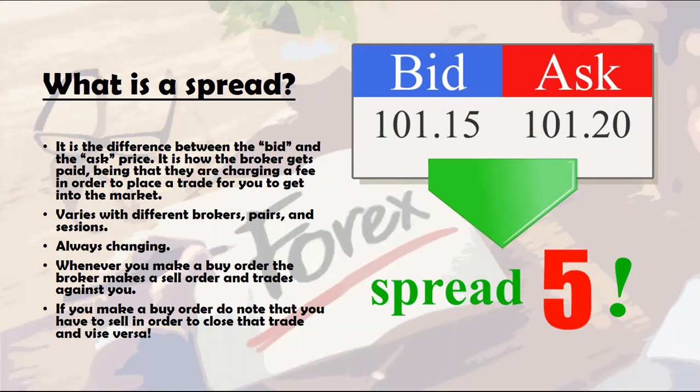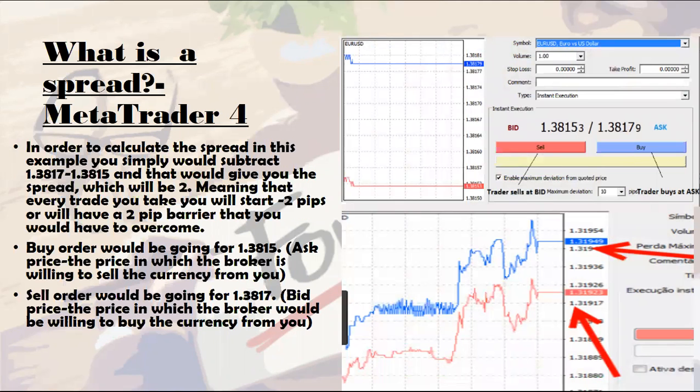Keep that in mind. Whenever you make a buy order, the broker makes a sell order and trades against you. So whenever you do a buy, know that you have to sell in order to close that trade, and vice versa. I'll touch on that on the next slide as well.